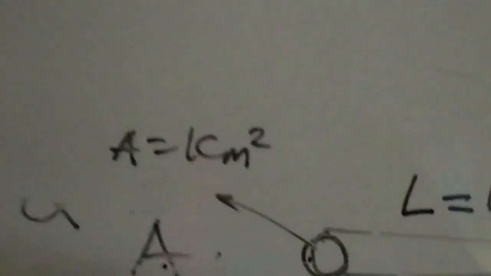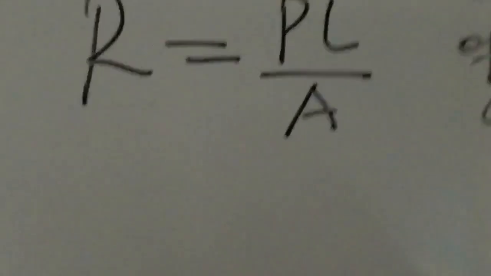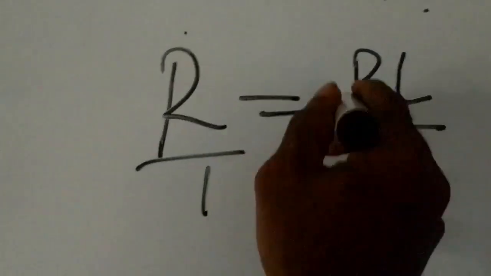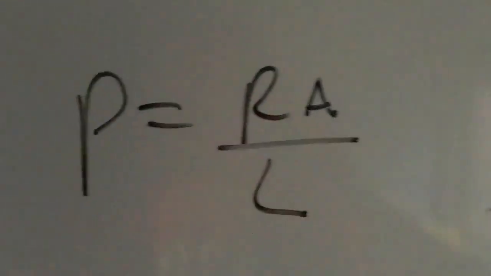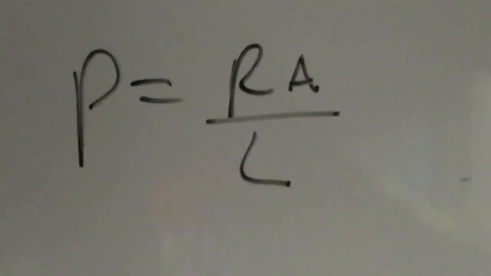Now, going back to our expression, if we make resistivity the subject of the formula by cross multiplying, we now have rho equals RA over L. We now want to derive the standard SI unit of resistivity. The unit of resistance is ohm. The unit of area is meters squared.